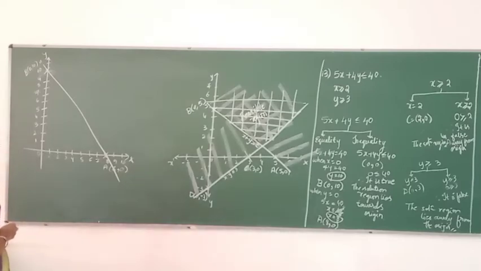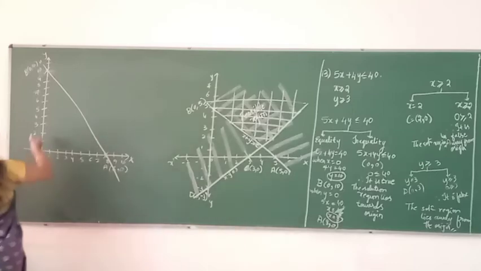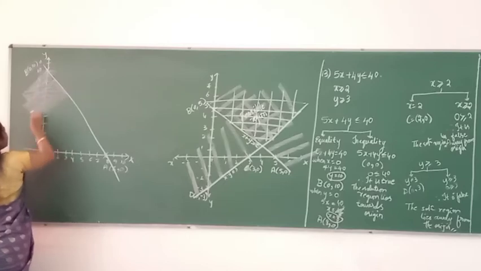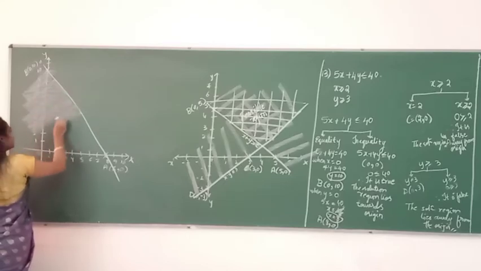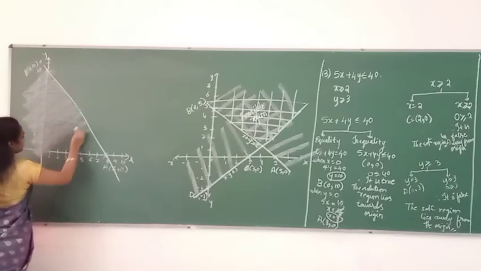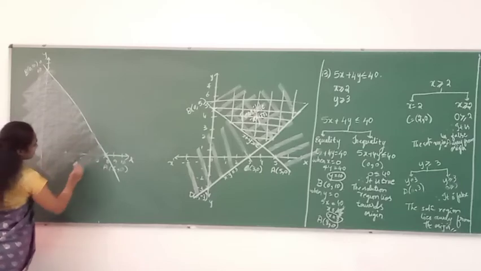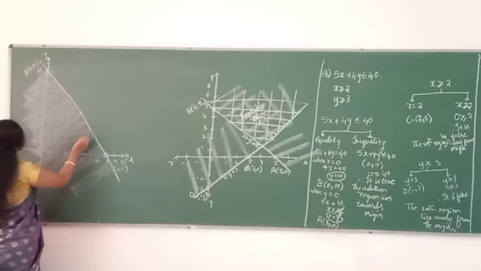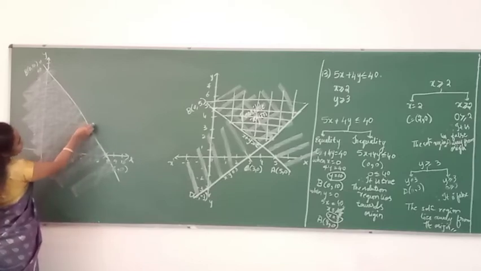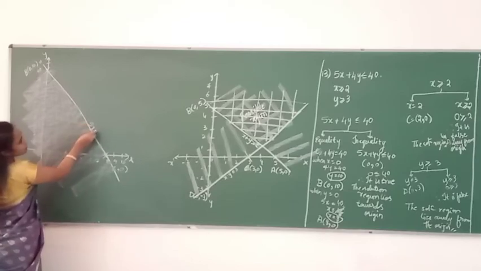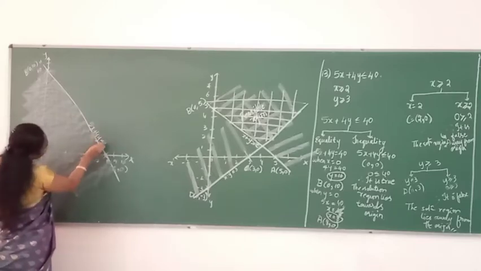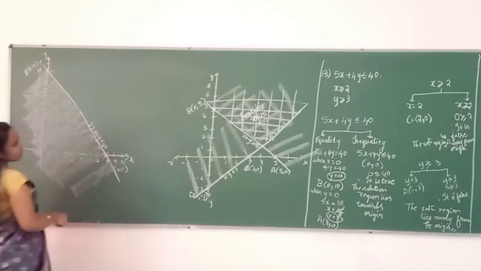And it is true, the solution region lies towards the origin. So you will be shading this part. So this is nothing but the inequality 5x plus 4y is less than or equal to 40. This is your first inequality.